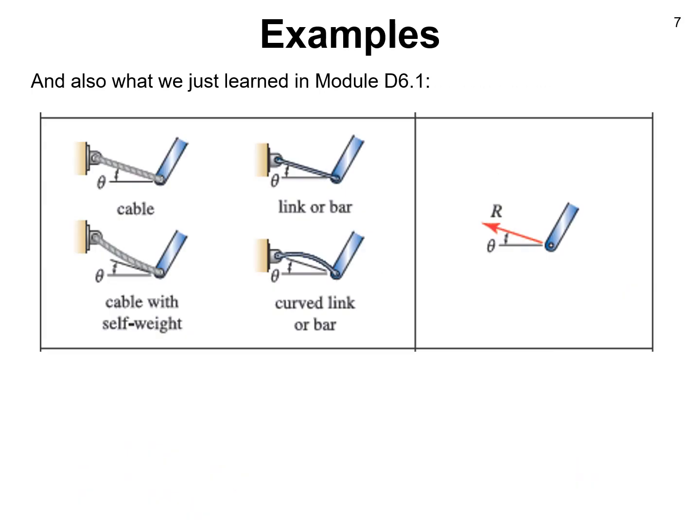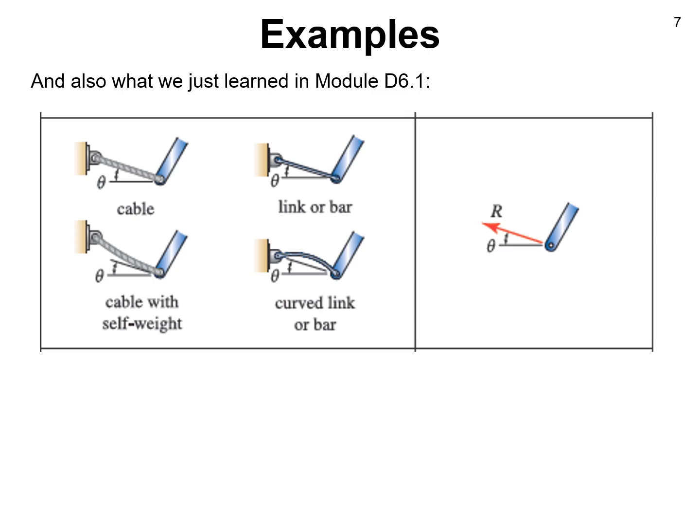We also just, in our previous module, saw tables of reactions, and here we see both straight and curved objects, but again, the key here is those objects are attached only at their endpoints, so that would count as a two-force body.